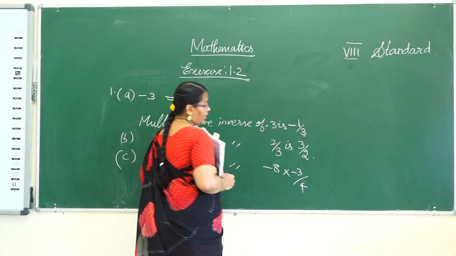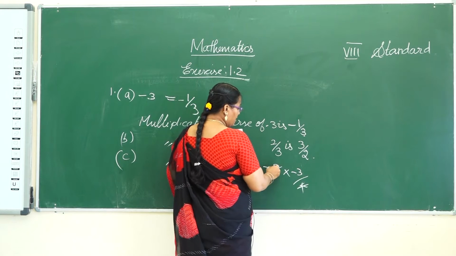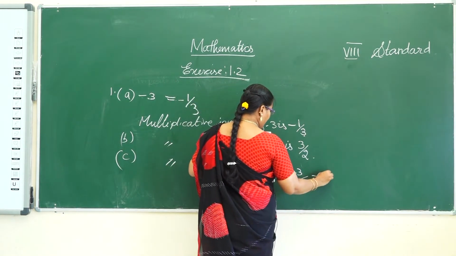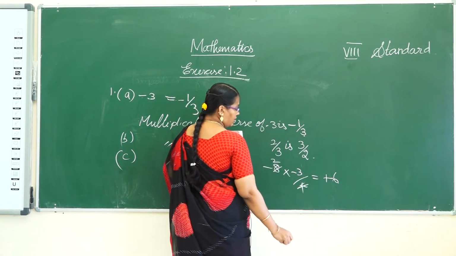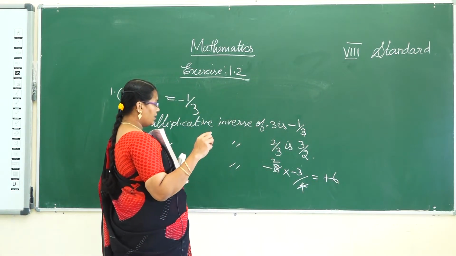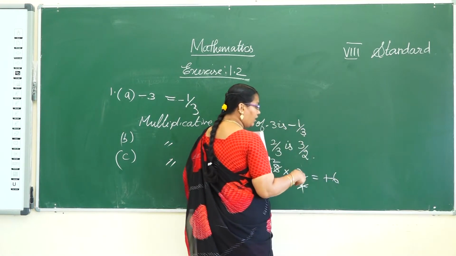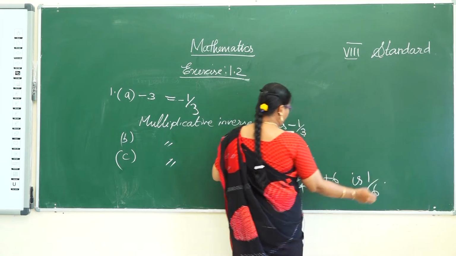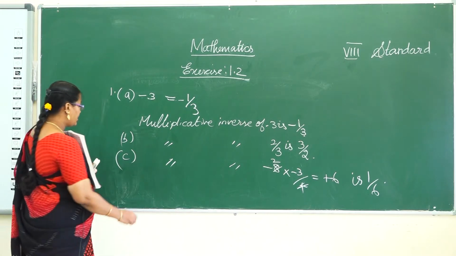It cancels in the 4 table: 4 ones are 4, 4 twos are 8. Minus into minus is plus, 2 threes are 6. So the given number is 6. What is the reciprocal of 6? It is 1 by 6.